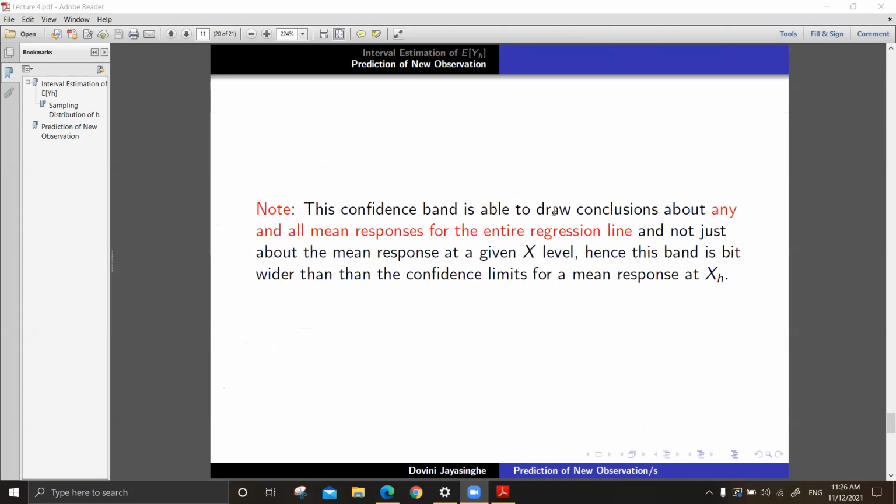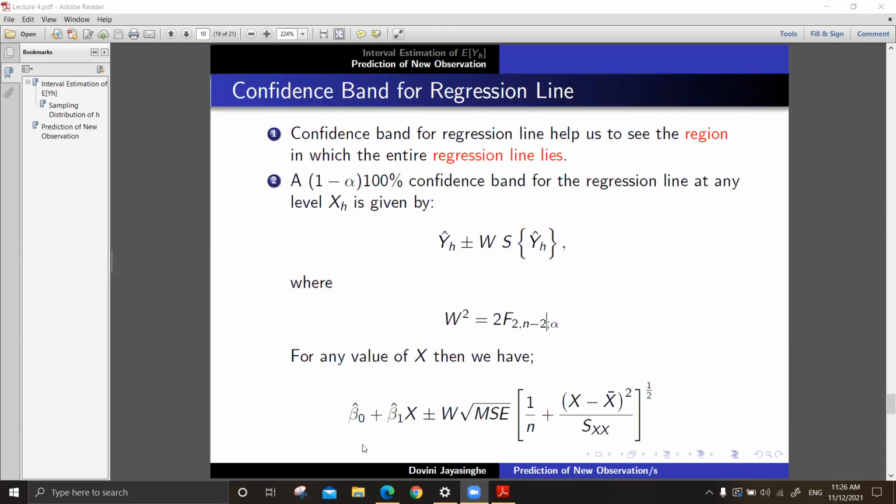This confidence band is able to draw conclusions about any and all mean responses for the entire regression line, and not just about the mean response at a given X level. So when you compute this, you're getting it at each X level, right? Because you're substituting X's here.